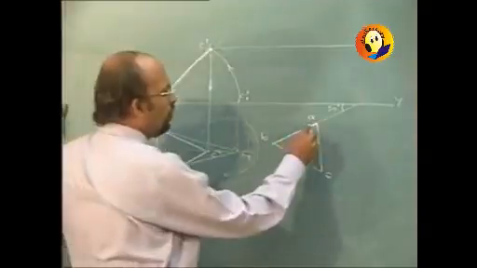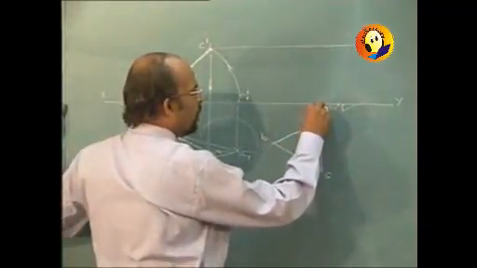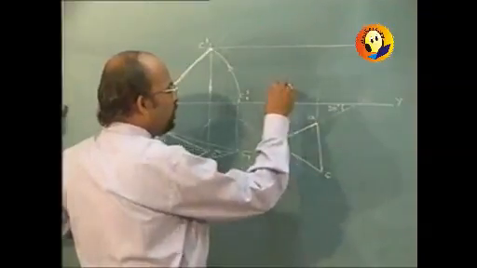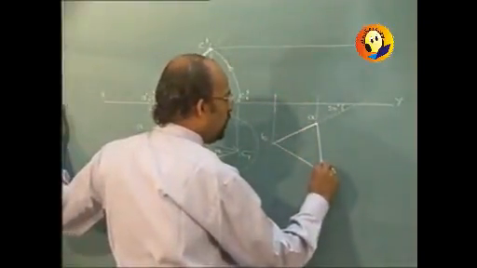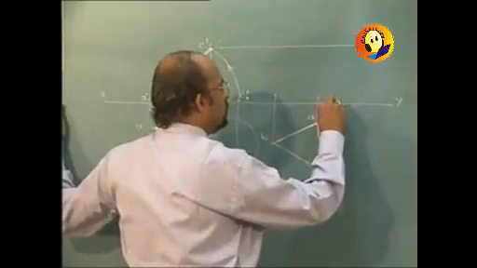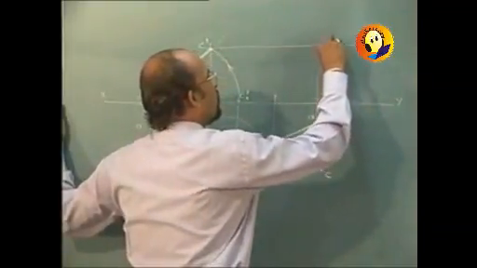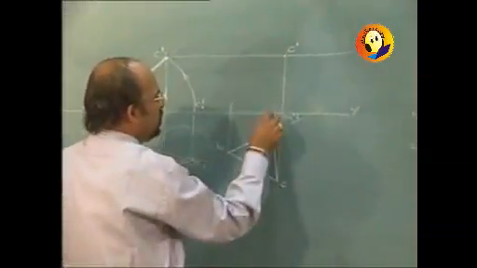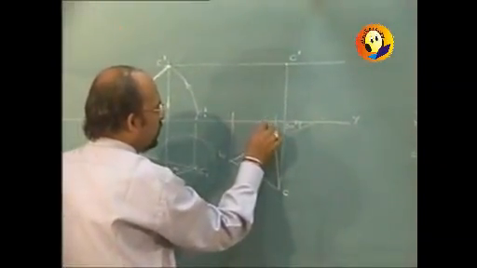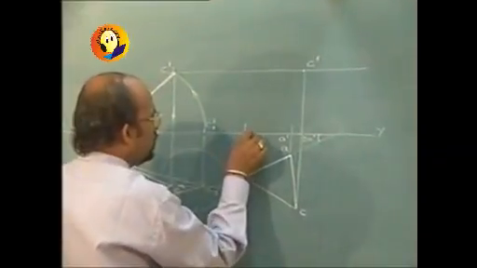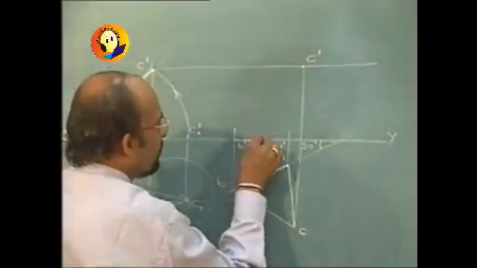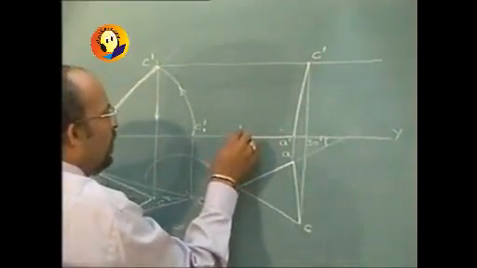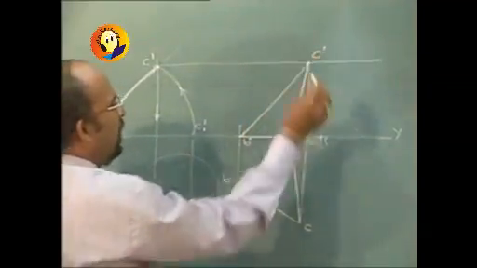And then if we draw projectors, this will be the projector through A, projector through B, and this is going to be the projector through point C. We can finalize the points of the elevation C dash, A dash and B dash and join them, where we get the final elevation.